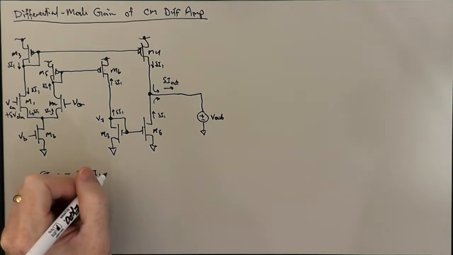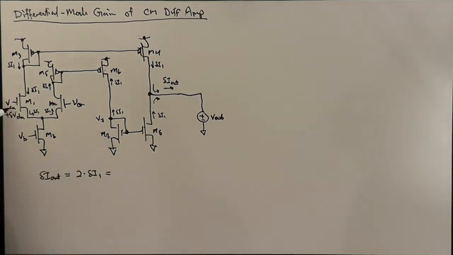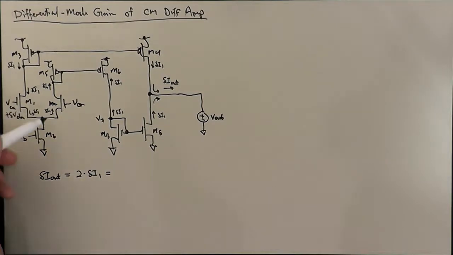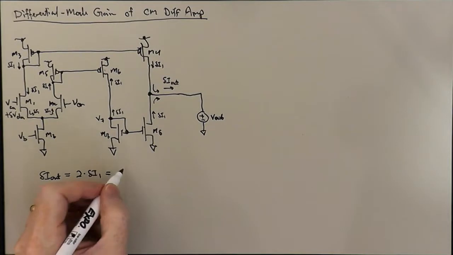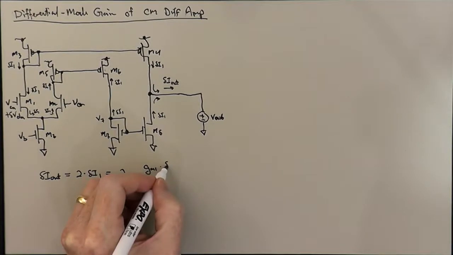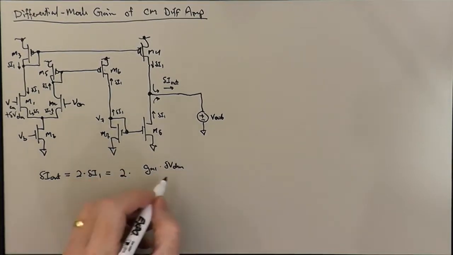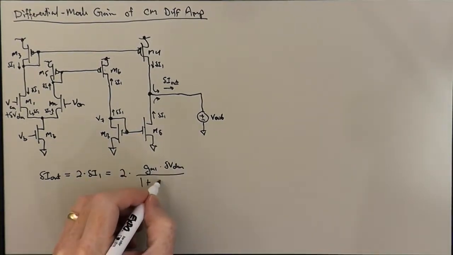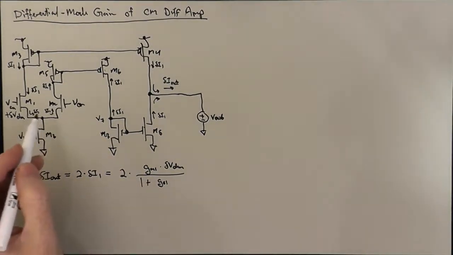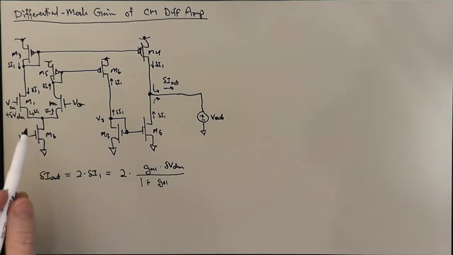And we can write delta I1 in terms of the change in the gate voltage by using that result that we looked at last time, where we have a source degeneration of a saturated MOS transistor. So we have 2 times little gm1 times delta VDM, divided by 1 plus GS1 times the incremental resistance connected down here, and that's going to be 1 over GS2.